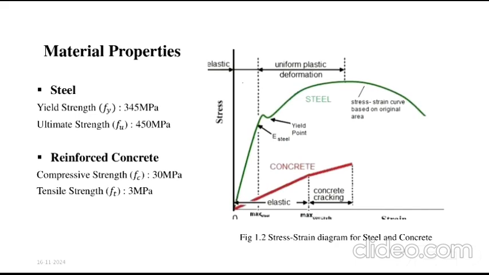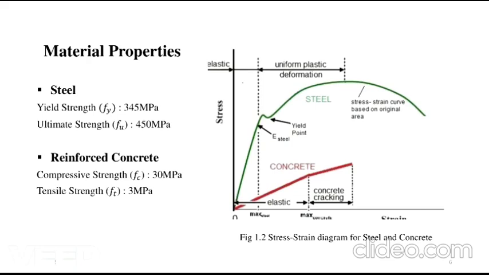And in concrete, design mix concrete is used and the compressive strength is 30 megapascal and tensile strength of concrete is 3 megapascal. Here you can see the stress strain diagram for steel and concrete, through which we can analyze the behavior of steel and concrete.